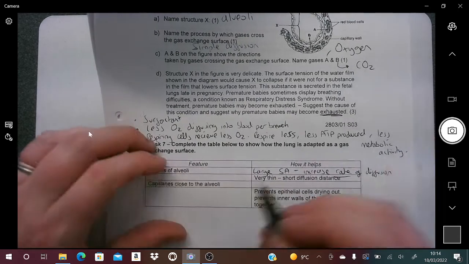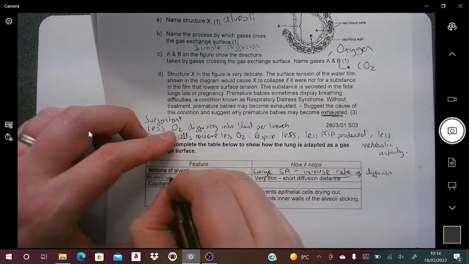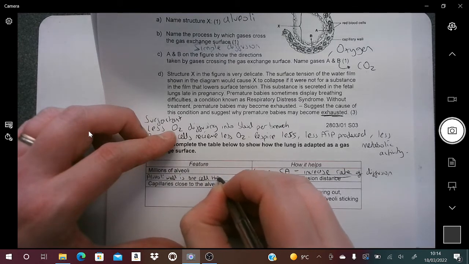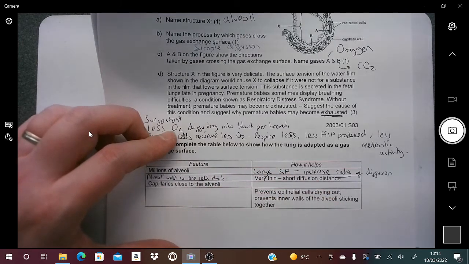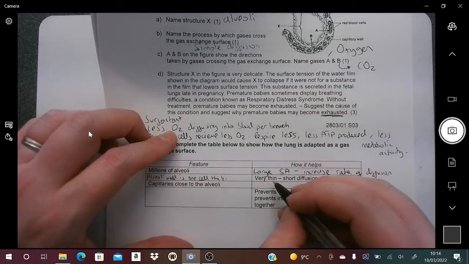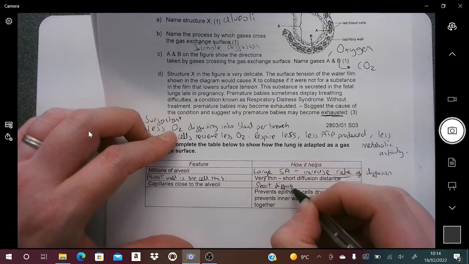Very thin, short diffusion distance is the idea that the alveoli wall is 1 cell thick. You can expand that by saying that 1 cell is also a squamous epithelial cell, which is an incredibly thin layer. Capillaries close to the alveoli is also that idea of short diffusion distance.